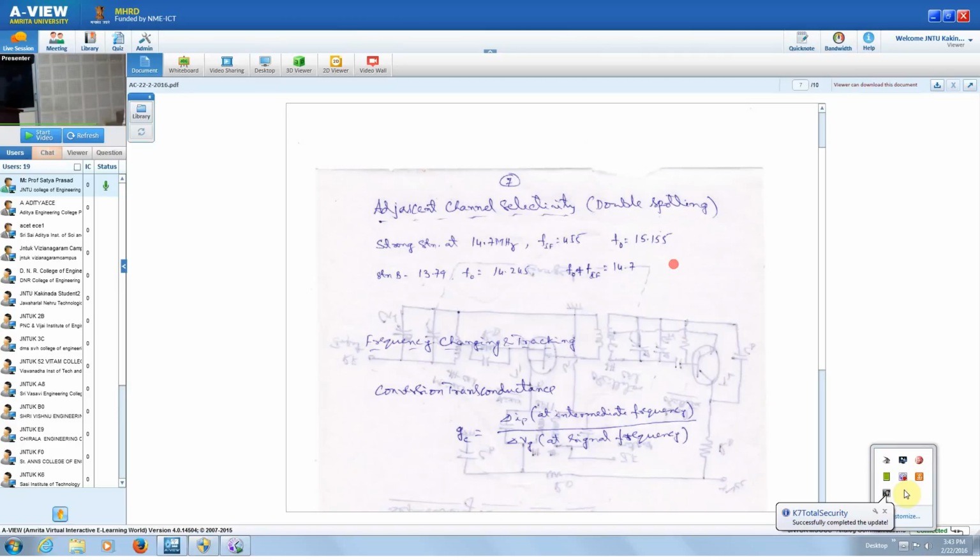When you are tuned to 13.7, you are also getting it.